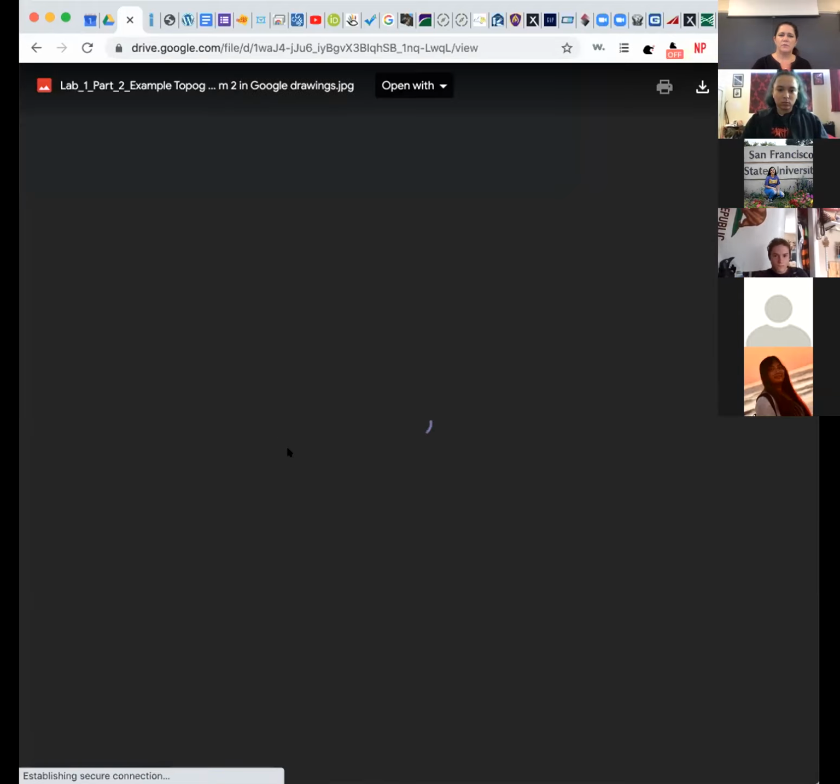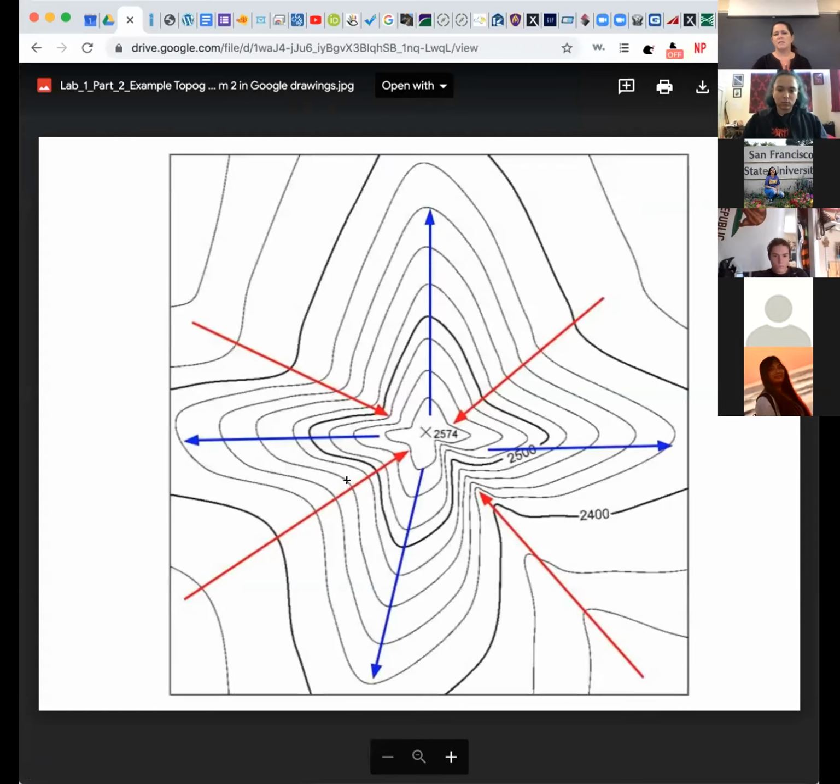The red arrows point at a similar feature all around this mountain in this question, and the blue arrows all point at the same type of feature. And the question is, where are the hills, where are the ridges, and where are the streams or the valleys? It asks you to think about the rule of V's, I guess is one way to think about it.